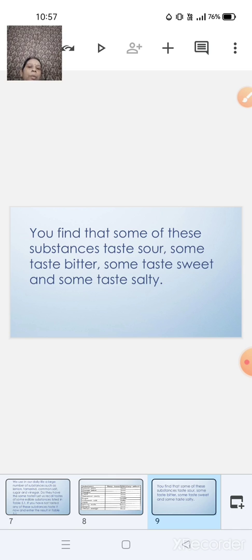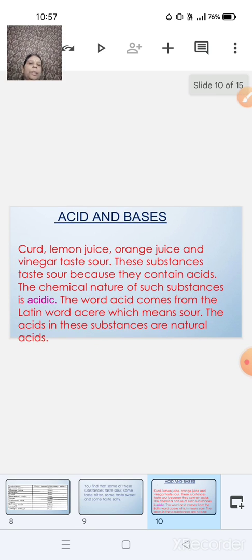You found that some of the substances taste sour, some taste bitter, and some taste sweet. So they all have different tastes. Curd, lemon juice, orange juice, vinegar, they tasted sour.